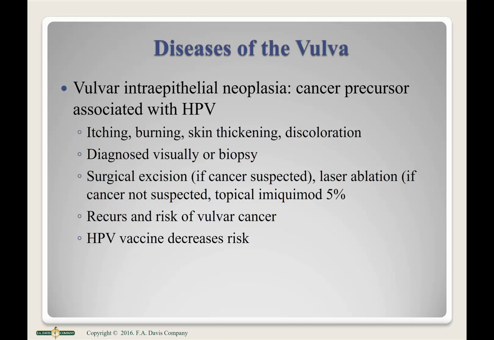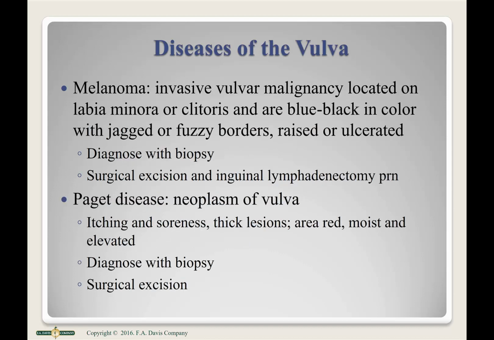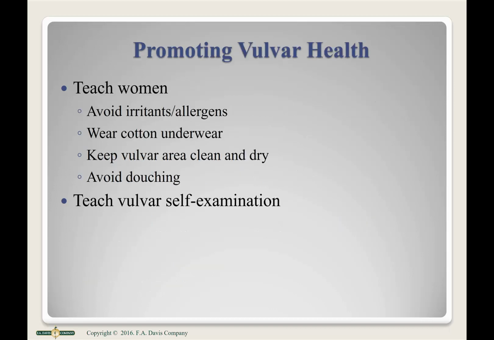So anyways, we can vaccinate her against HPV in hopes of decreasing the risk of developing a cancer. So that's an option. So the melanoma and the Paget's disease, both of those again need biopsies, and both can have surgical excisions done if those occur. So you can read about those for your information.